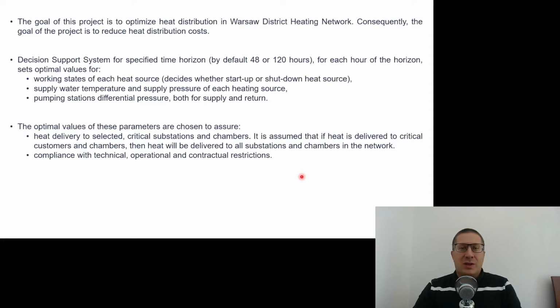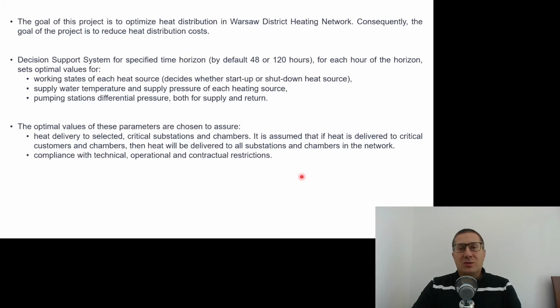So the optimizer tries to recommend what to do in order to deliver the heat that is needed to end user, but to do it with the lowest possible cost at lowest possible impact on the environment.